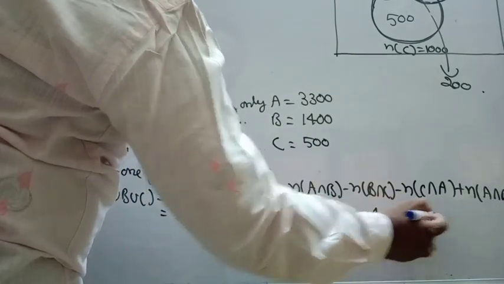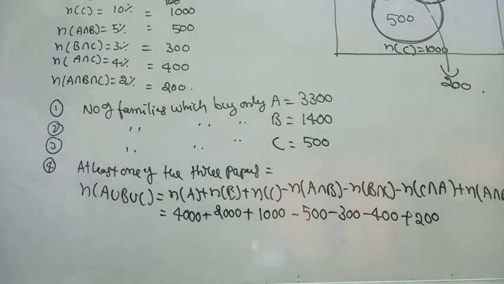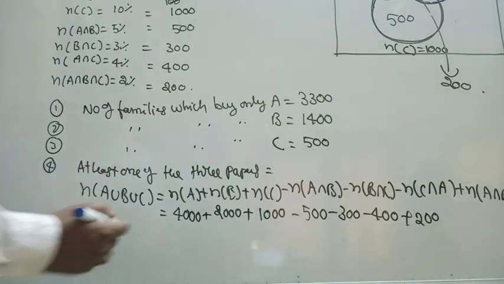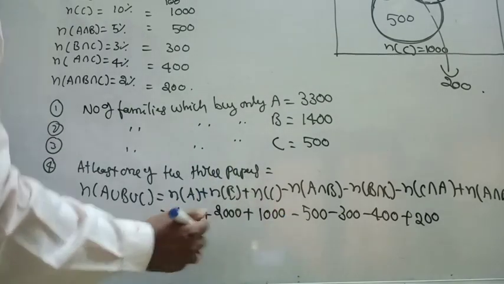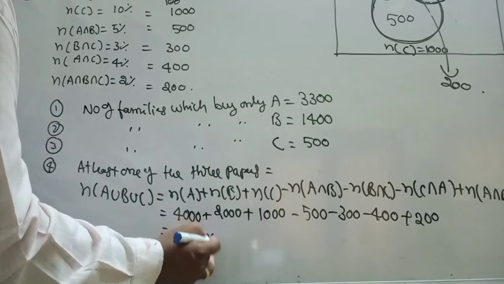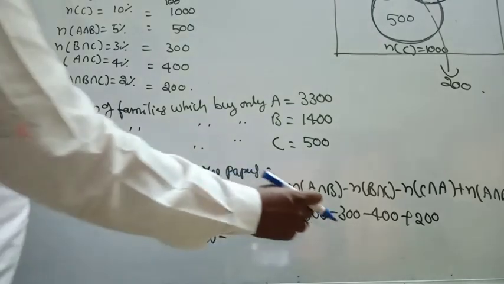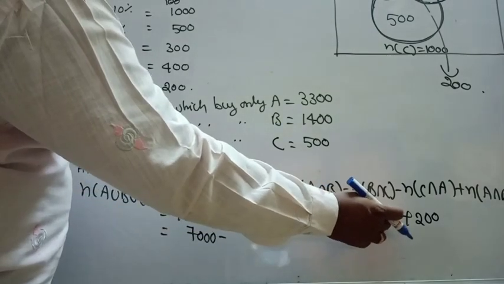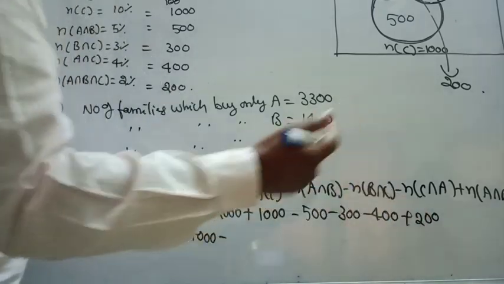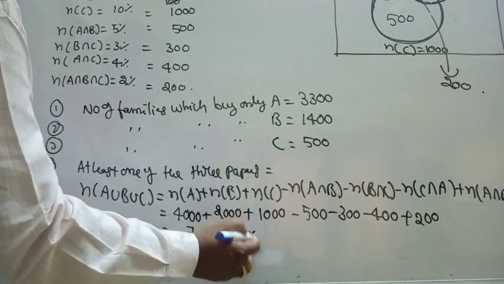This gives us N of A union B union C: 4000 plus 2000, 6000 plus 1000, 7000, minus 500, 800, 1200, plus 200, so minus 1000.